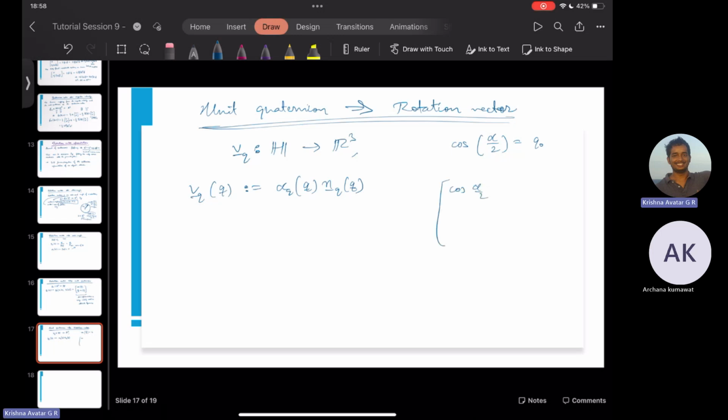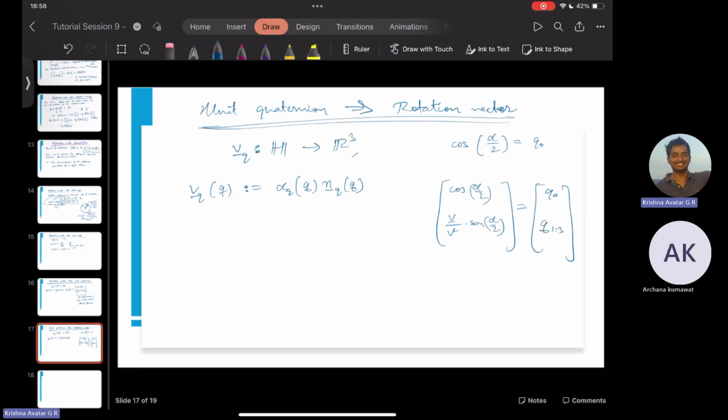So cos alpha by 2, and then V vector by V, the unit vector associated with the rotation vector V, into sine of alpha by 2, has to be mapped to q naught and q vector 1:3, right?